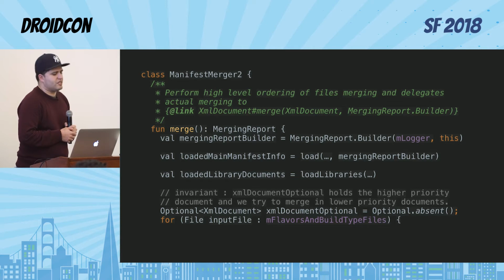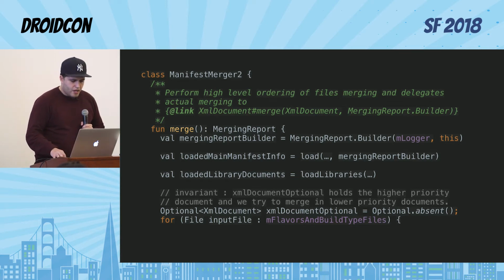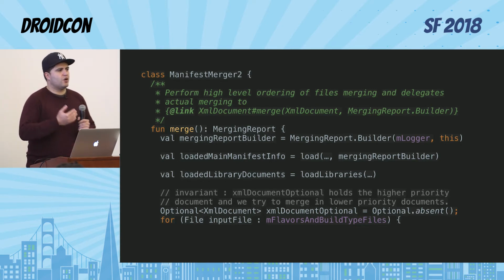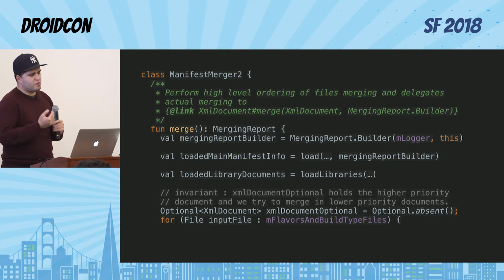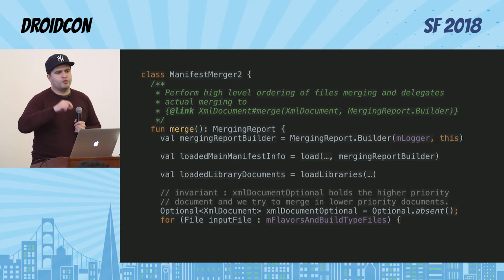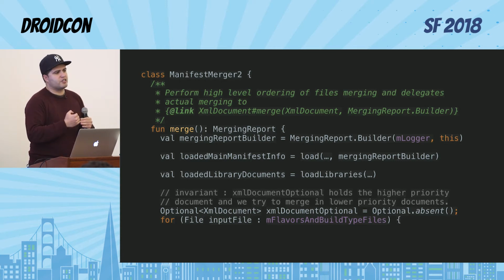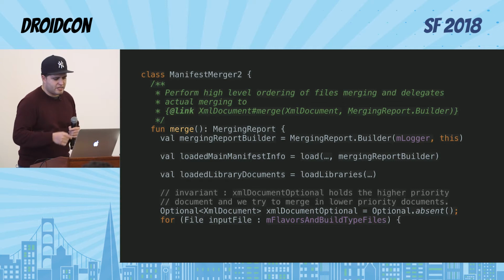Digging in further, we see that the task delegates to something called a manifest merger. Similar to the resources, it does node priority and attribute priority, like node replace. You may be familiar that if you're merging two libraries that have a conflict on a certain node marker, you can prioritize that.